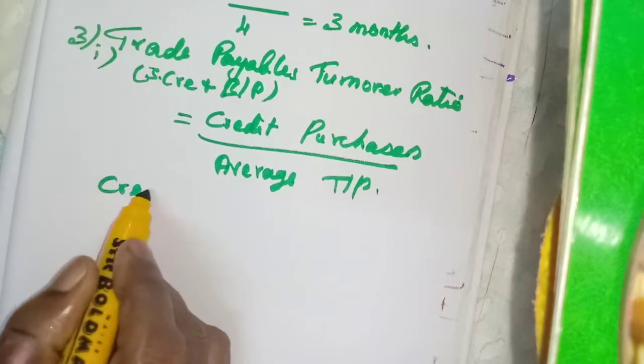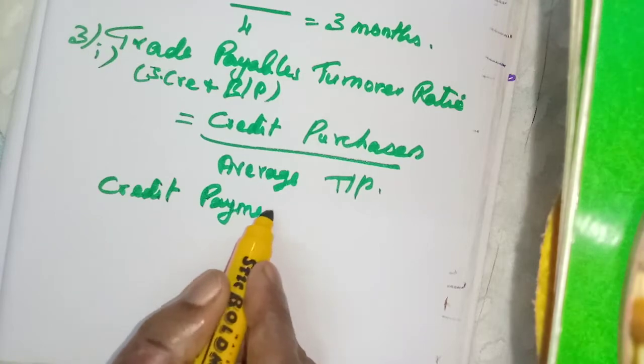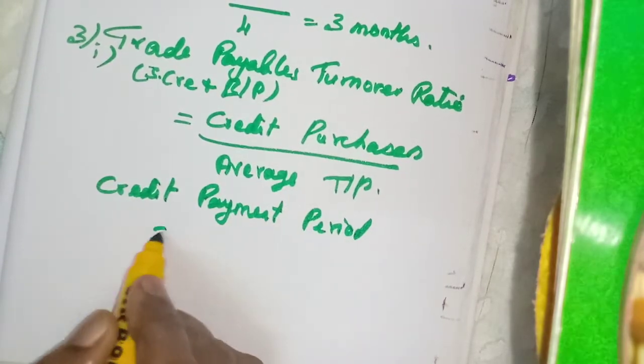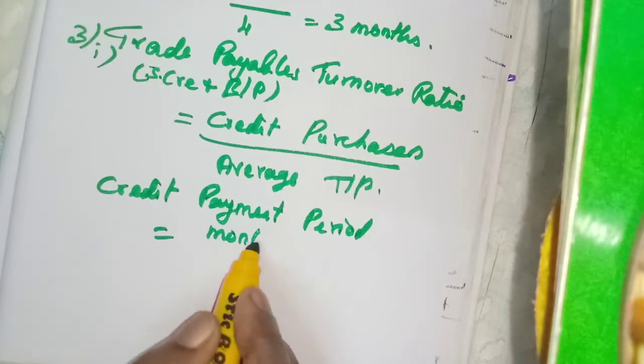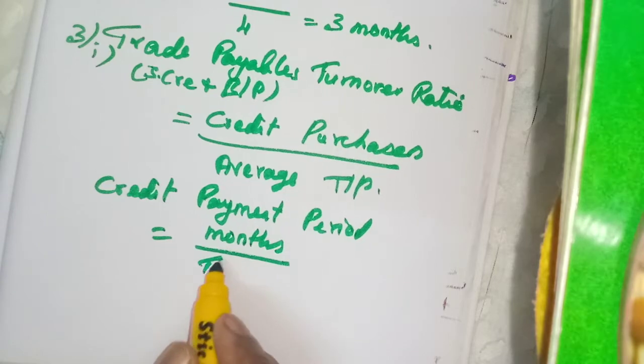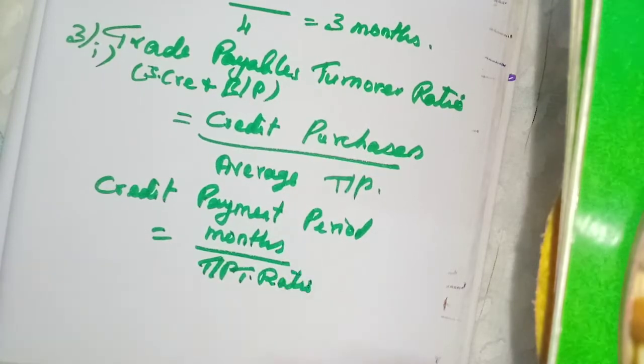Here, credit payment period means within how many months we are able to pay the credit. The same way, number of months in a year divided by this ratio, the trade payables turnover ratio. Okay, we need to calculate.